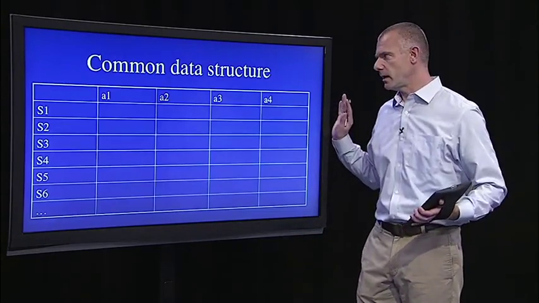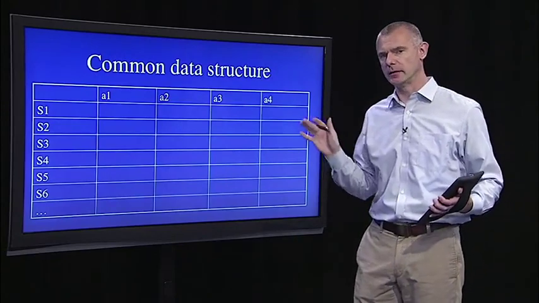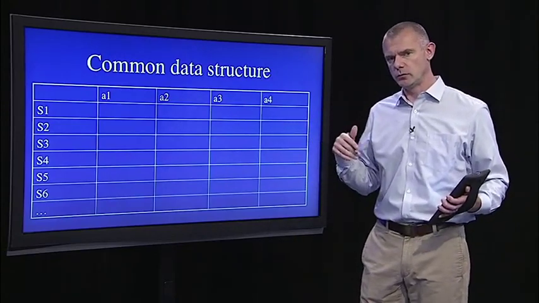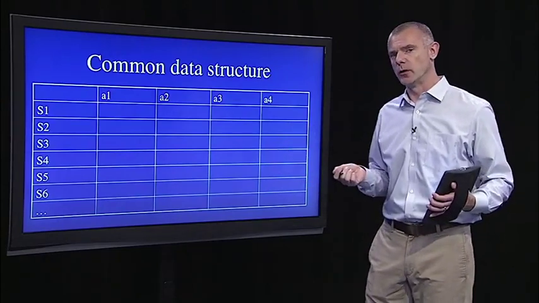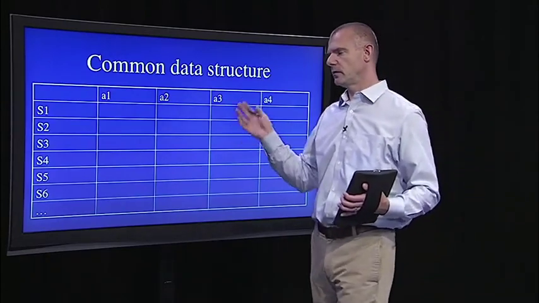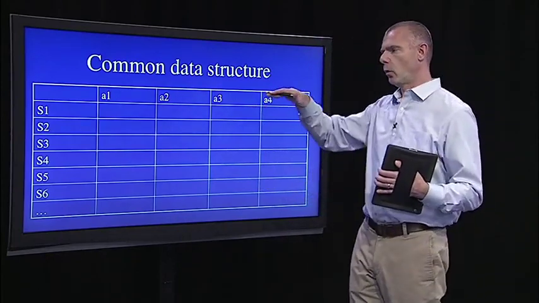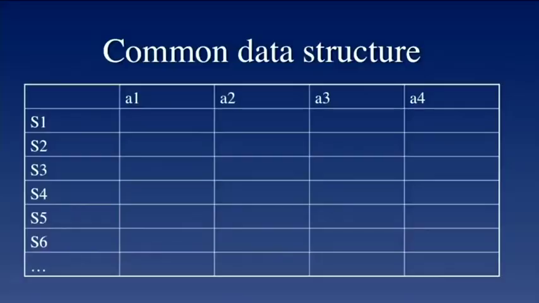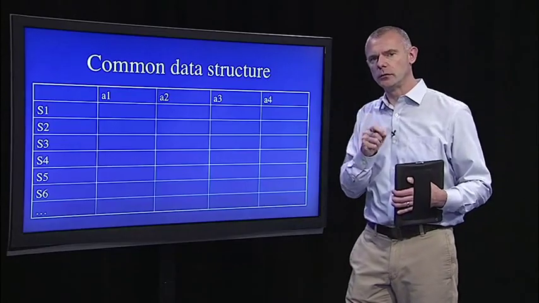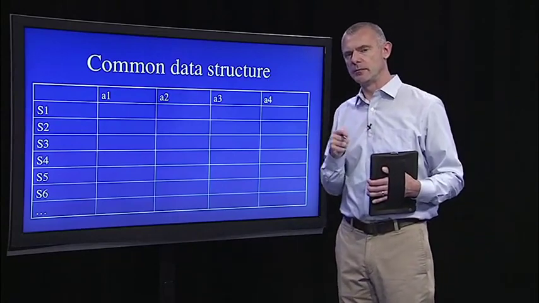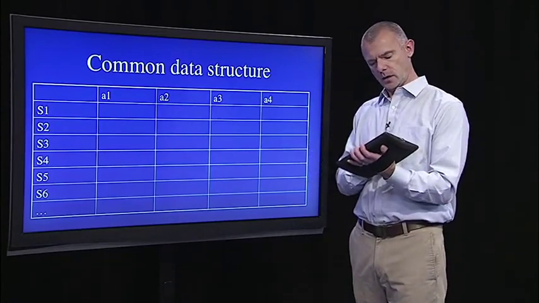So here's what a data structure commonly looks like when you set out to do a repeated measures ANOVA. It's sort of common in data management to have one row per case. In psychology, that's often subjects. So I have S1 for subject 1. That's a common organizational scheme, but you'll see that's not what we're going to do in R when we do a repeated measures ANOVA.